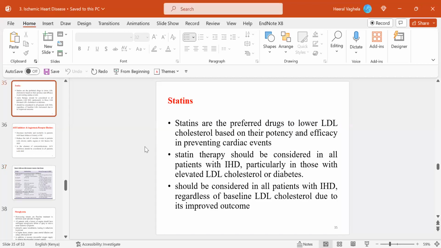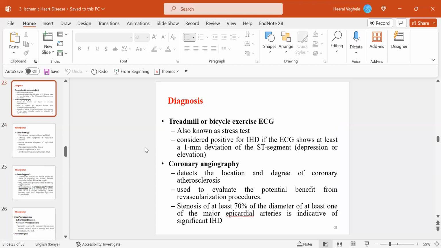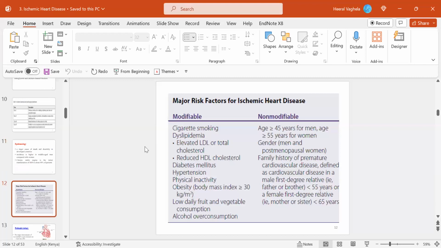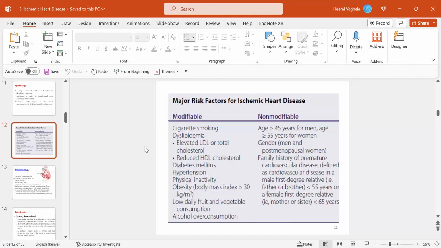So the risk factors would be, let me just share that. Here, these are the modifiable and non-modifiable.